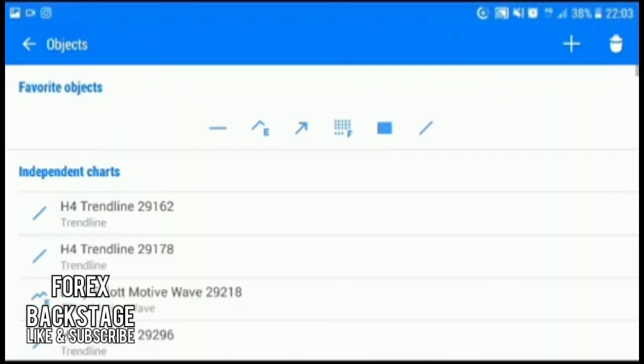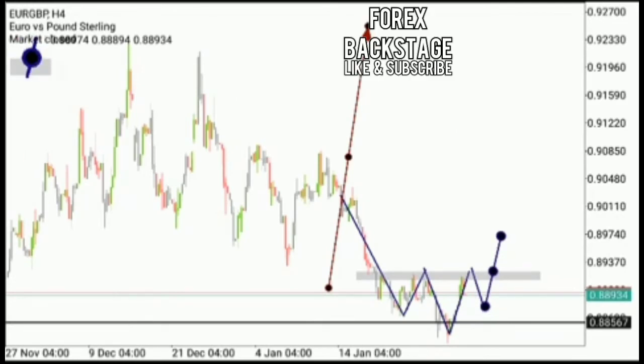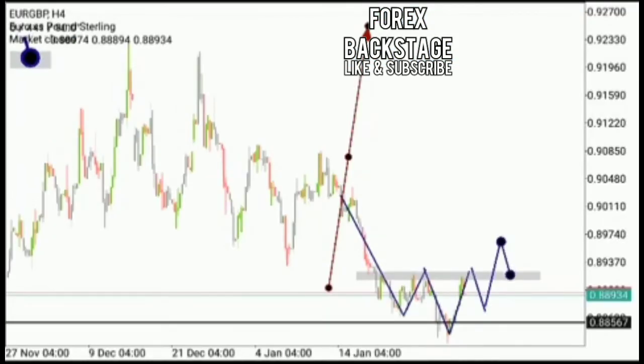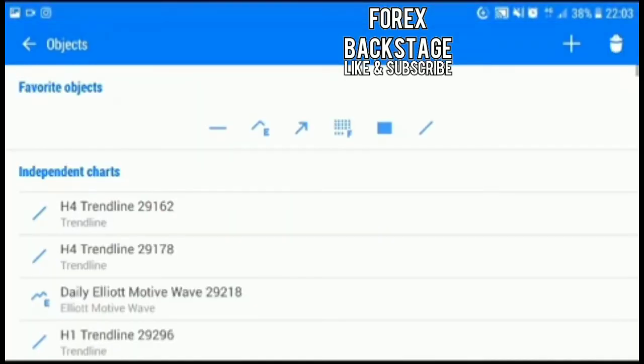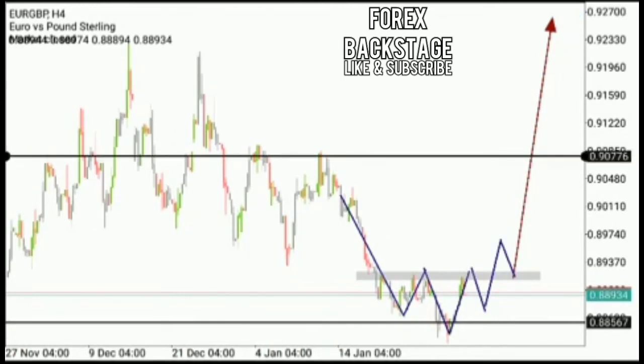So in this case, we'll wait for the market to break the structure, to break the neckline, come back to retest the neckline, and then we're gonna take our positions right there. And then we're gonna be buying Euro GBP up until this level.